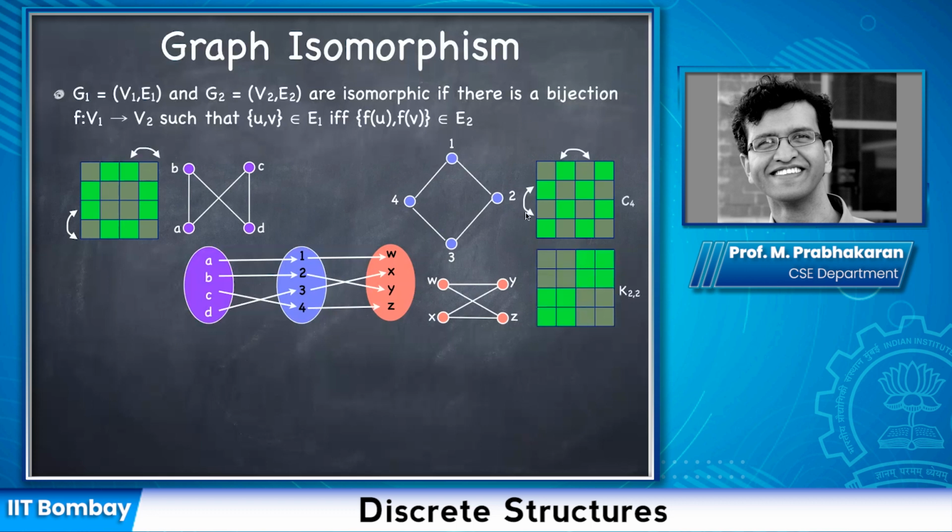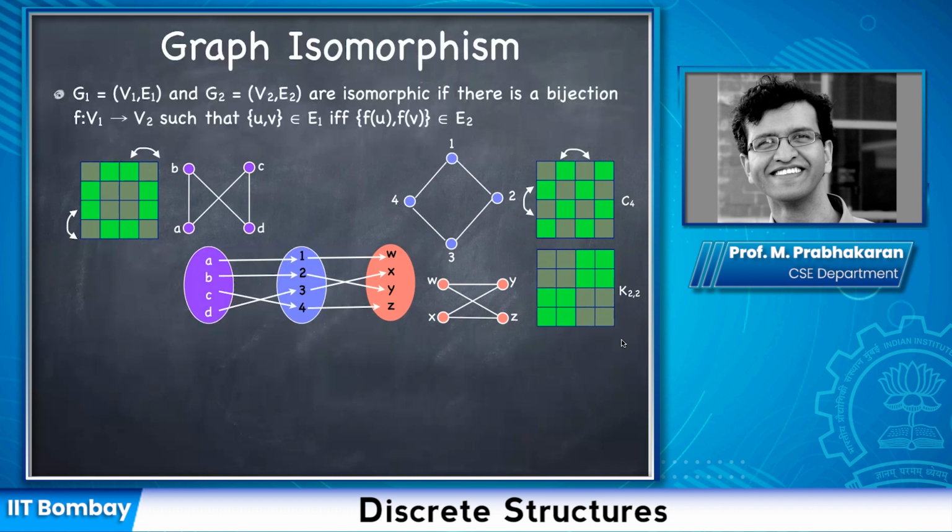So all the edges across the parts exist. In fact, this is K22, and this is C4. It's a cycle, and they happen to be isomorphic graphs. There is a graph isomorphism between K22 and C4.